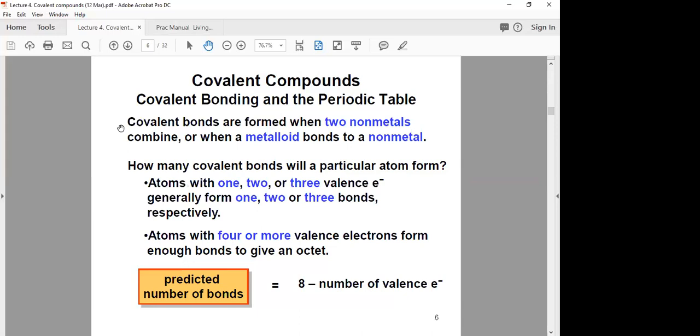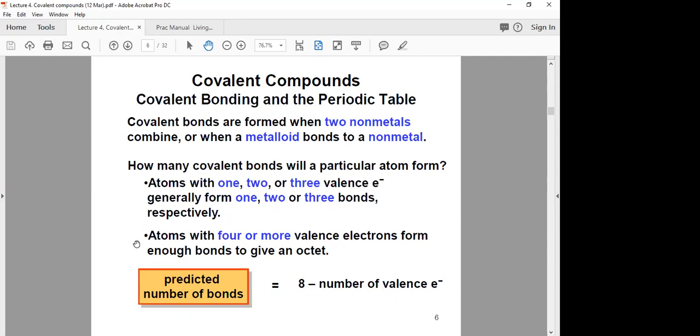So how do we determine how many covalent bonds a particular atom will form? Another couple of rules that you can follow here. And remember, there are always exceptions to these rules, as you've already learned. So atoms with 1, 2 or 3 valence electrons generally form 1, 2 or 3 covalent bonds respectively. We saw that with hydrogen, for example. It has 1 valence electron, it tends to form 1 covalent bond.